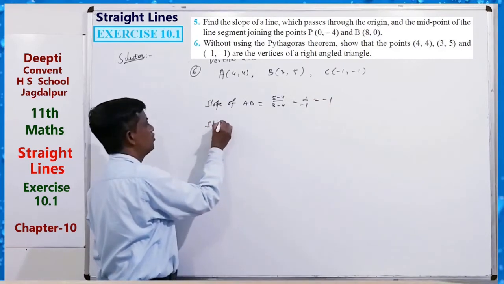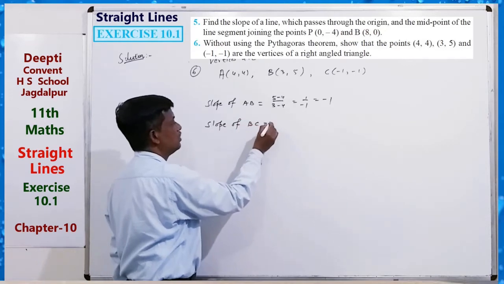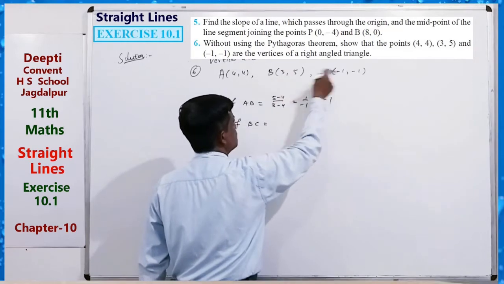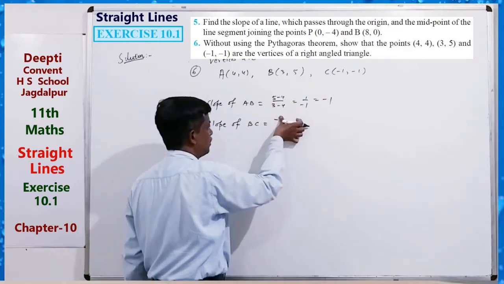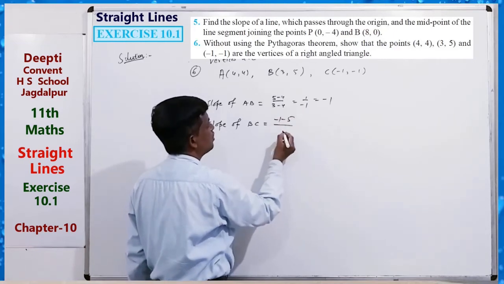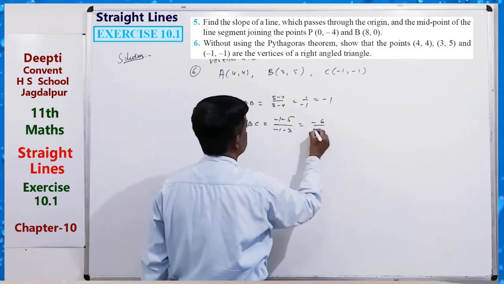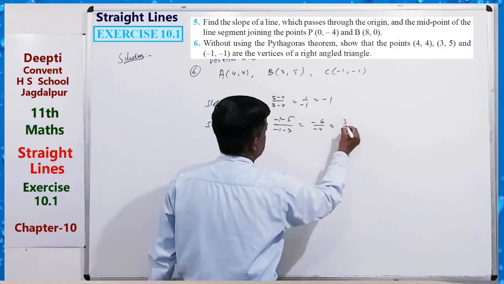And slope of BC is y2 minus y1 upon x2 minus x1, that is minus 1 minus 5 upon minus 1 minus 3, equals minus 6 upon minus 4, equals 3 by 2.